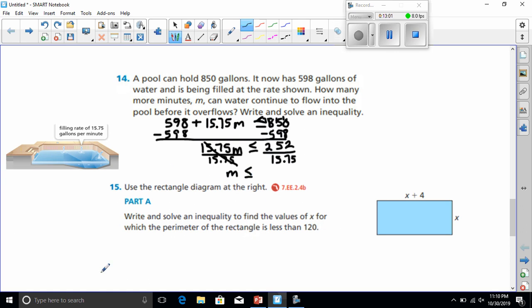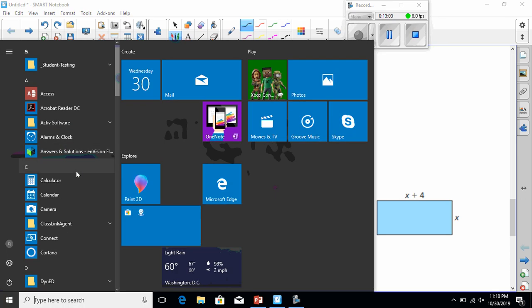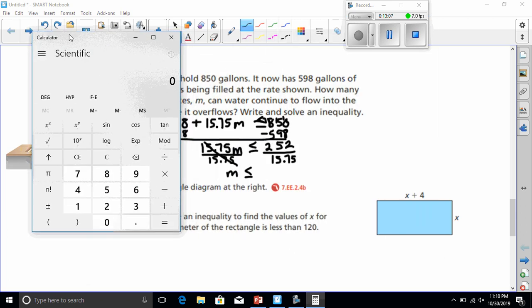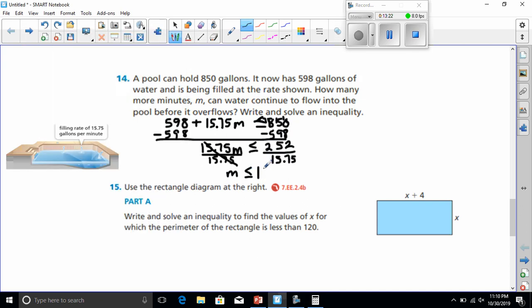Now I'm going to use my trusty calculator to tell me very quickly what 252 divided by 15.75 is. And that equals 16. So m is less than or equal to 16.